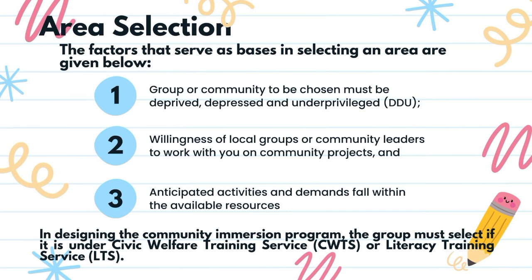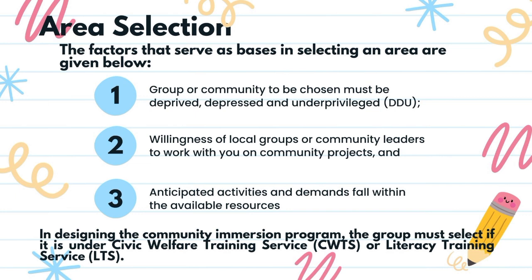This type is more on serving the physical needs of the people, while the LTS or Literacy Training Service is for teaching and sharing knowledge. Like you tutor children or adults, teaching reading, writing, and math, and helping with basic education.